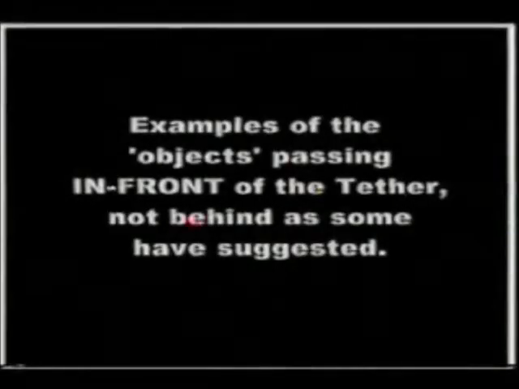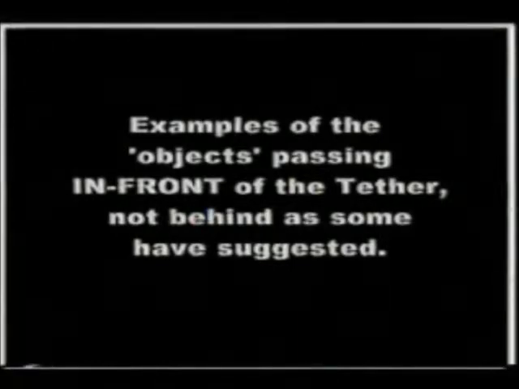Example of the objects passing in front of the tether, not behind, as some have suggested. The black exposure line to the right of the tether is an important aspect to look at when viewing the objects passing in front.